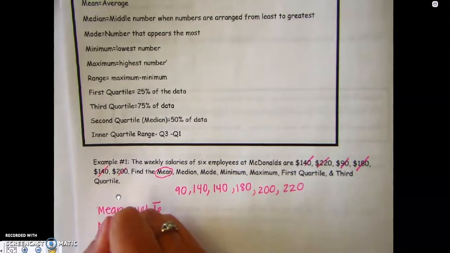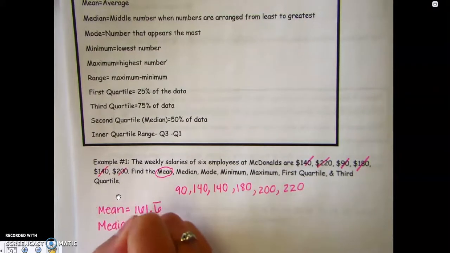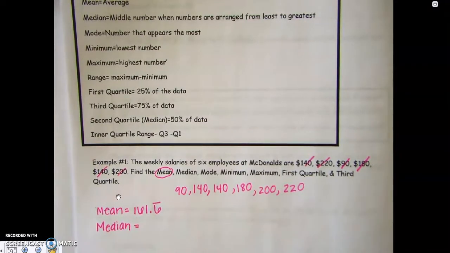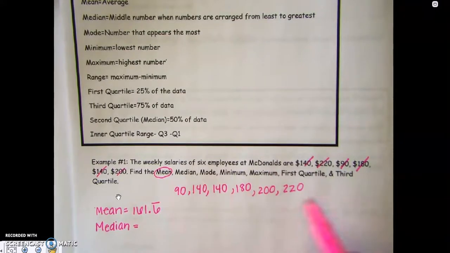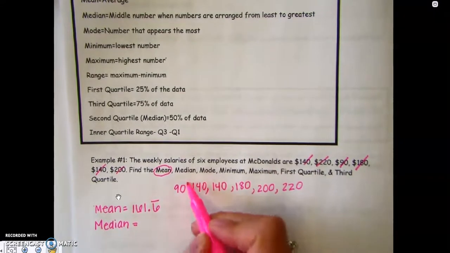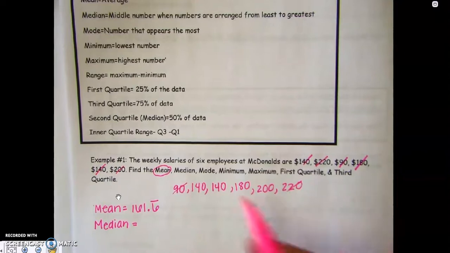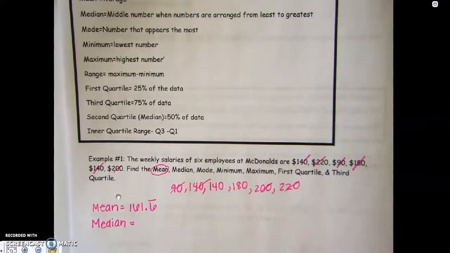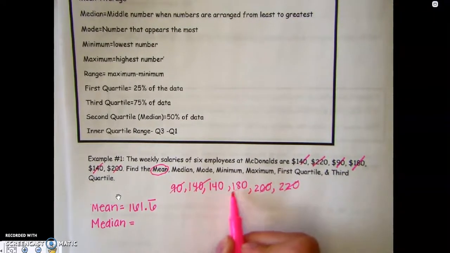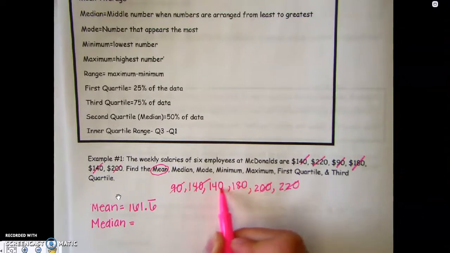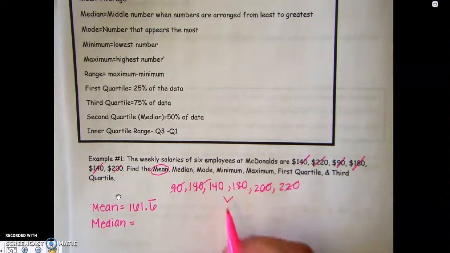My median is the number that's directly in the middle. So I'm going to do this by hand. When I do it by hand, I cross each one off the end until I get to the middle. So 1, 2, and then my median, if there is no middle number, like there are 2 middle numbers here, that means I have to average them.